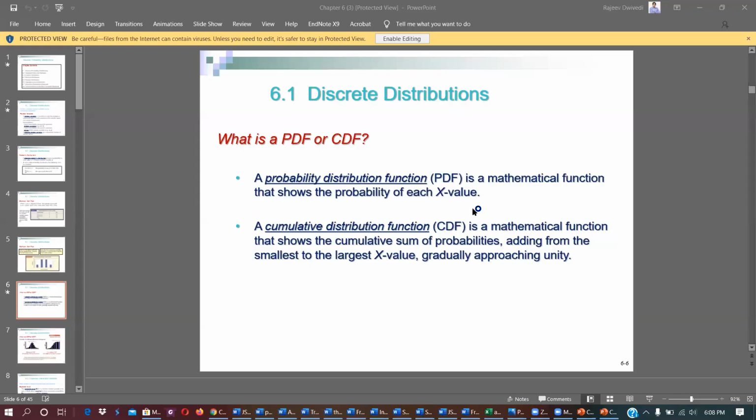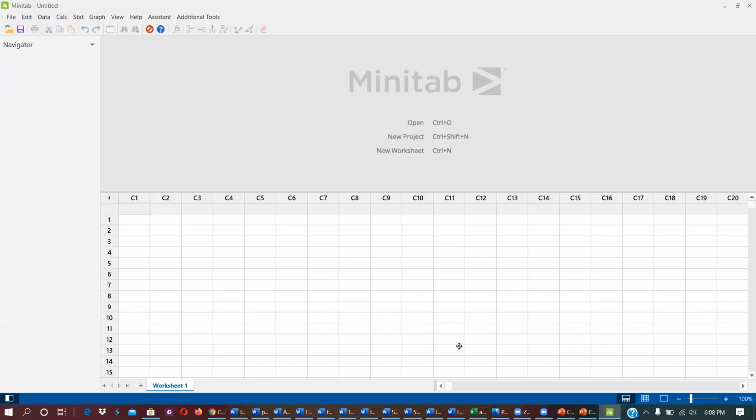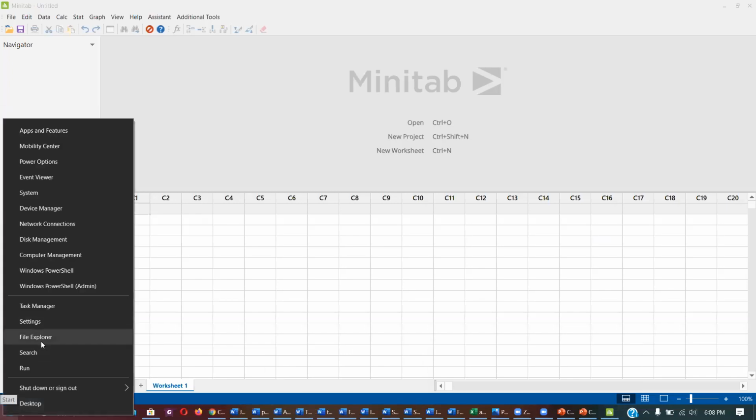So Minitab right here. And give me a minute. Okay. One more minute. I think I have salary data.